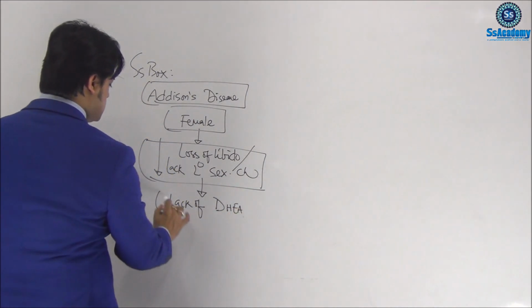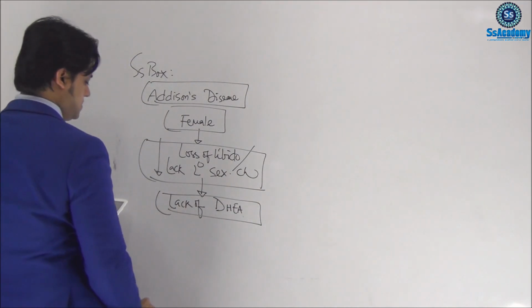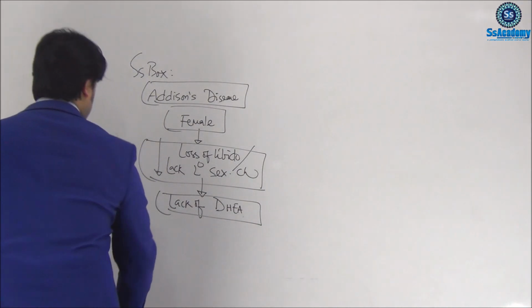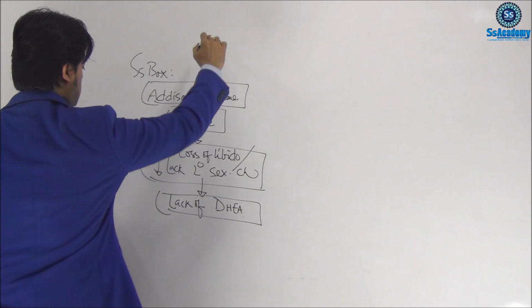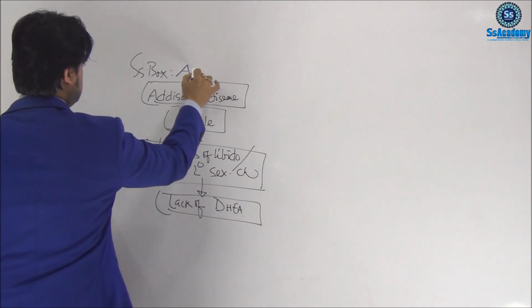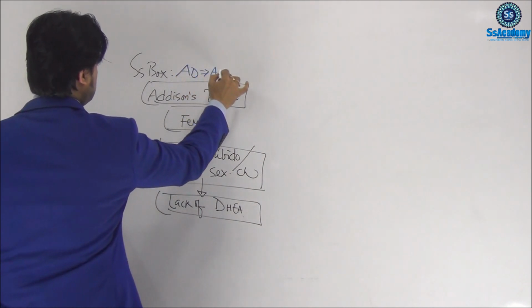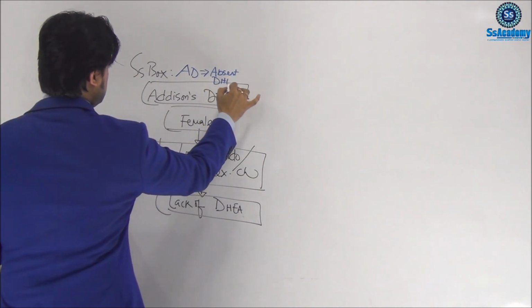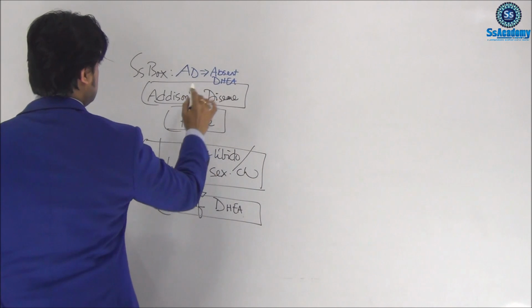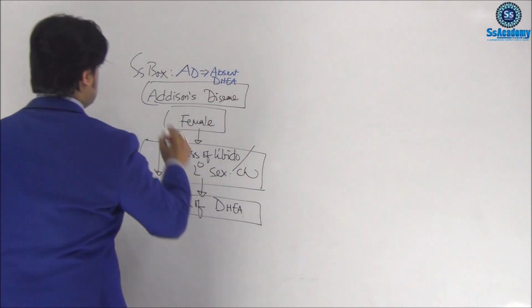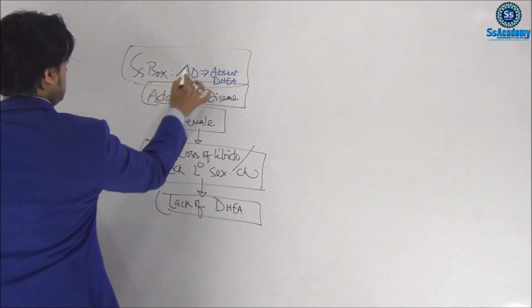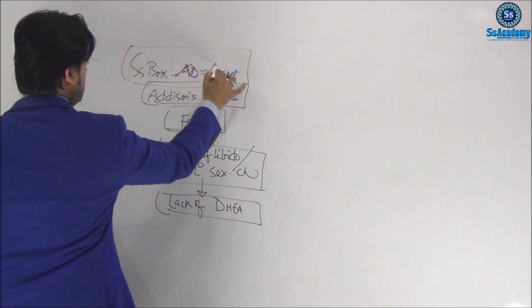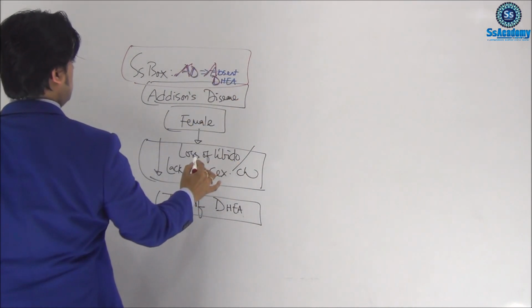This is an important question that can come up in your exam, my dear. So the box to remember is the SS box: Addison's disease, AD, just write it down, absent D for dehydroepiandrosterone.